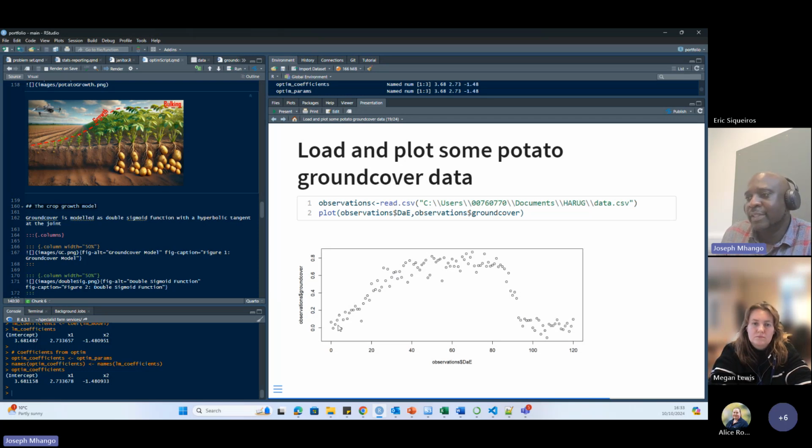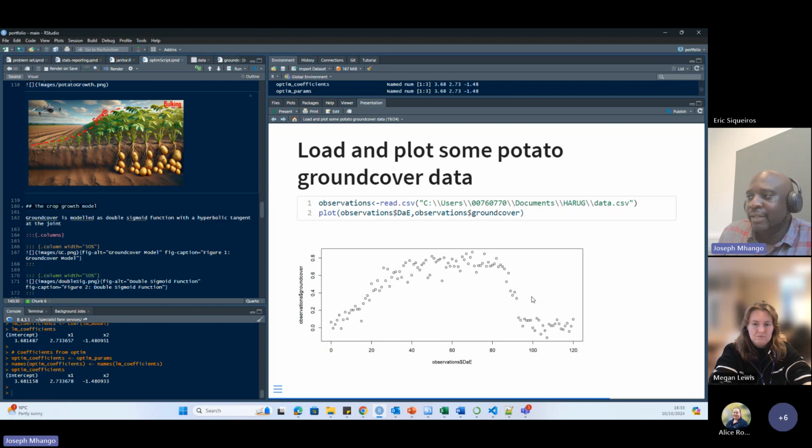You can see the potatoes started developing really fast, and then they reached around 80% ground cover. So they covered 80% of the ground, and then they stopped there for a while. After some days, they started drying off, and they dried off to almost zero and stayed flat like that.